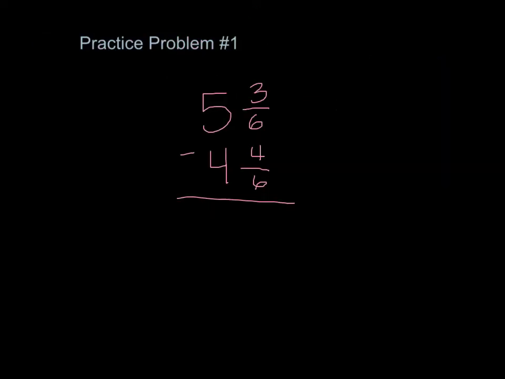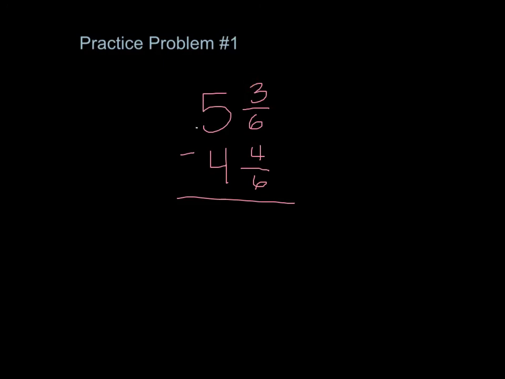Now it's time for some practice problems. Feel free to pause and see if you can do these on your own without my help. Hopefully you notice that we have a bigger fraction on the number that we're subtracting from. So we need to go ahead and redistribute some numbers.